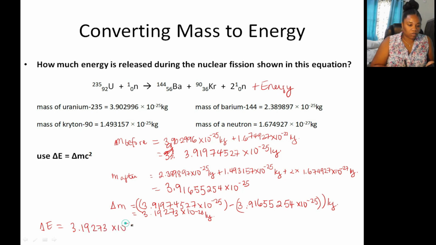Times 10 to the negative 28 kilograms times 3 times 10 to the 8 times 3 times 10 to the 8, so we're going to put in brackets 3 times 10 to the 8 meters per second squared, equal to 2.87345 7 times 10 to the negative 11 joules.